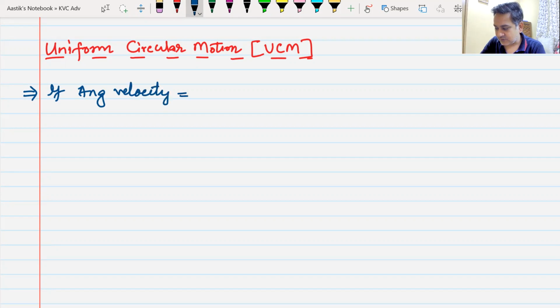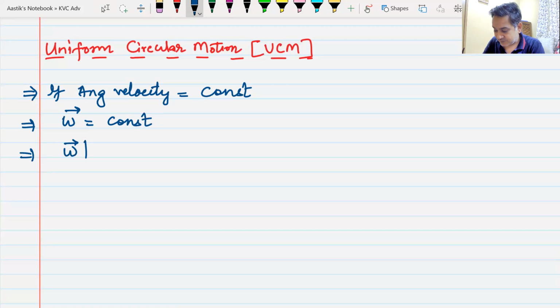If the angular velocity of a particle moving in a circular path is constant, we call it uniform circular motion. That means your omega vector is constant. Or you can say omega vector, since omega is a vector, its magnitude is always equal to average angular velocity. Average value and instantaneous value magnitude would be the same.